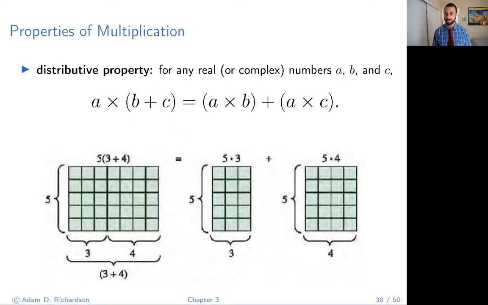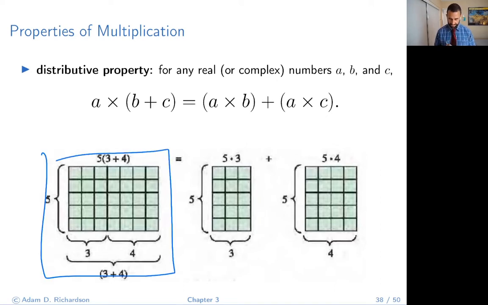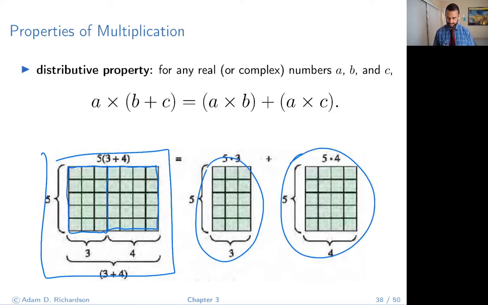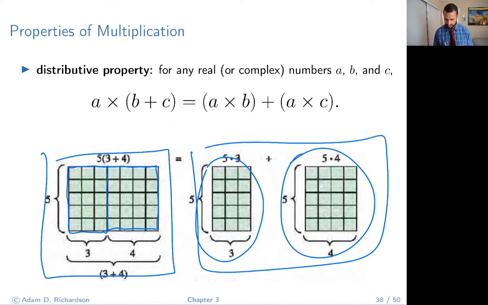Here again is another pictorial representation of it. This right here is 5 times 3 plus 4. And right here you can see the 5 times 3 embedded. And then right over here is the 5 times 4. And then over here, they've got them split up. So basically, you can see that if you pushed these two pictures together, you would have this picture right over here.